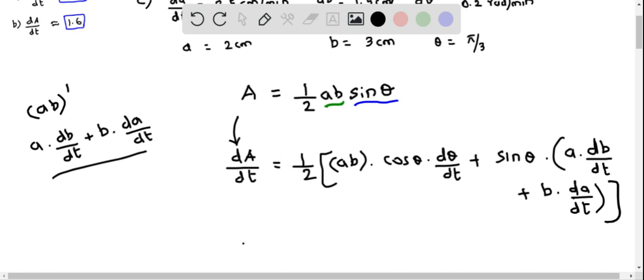Now let's plug in all the values. So this becomes a half, a equals 2 and b equals 3.